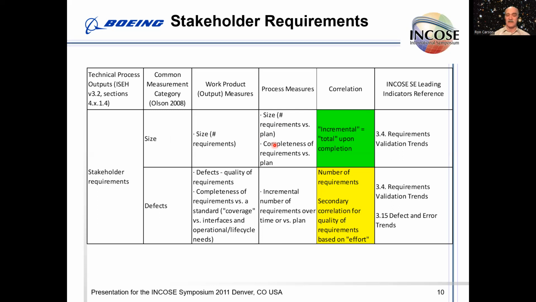So size is not the big challenge. The big challenge is the quality measurement. How many defects, for example, measuring the quality of requirements or the completeness of the requirements versus some standard. For example, coverage of the requirements versus a number of interfaces and the operations or life cycle needs. These are harder things to measure.